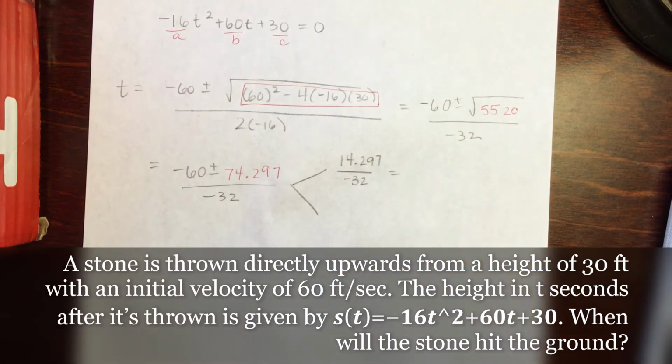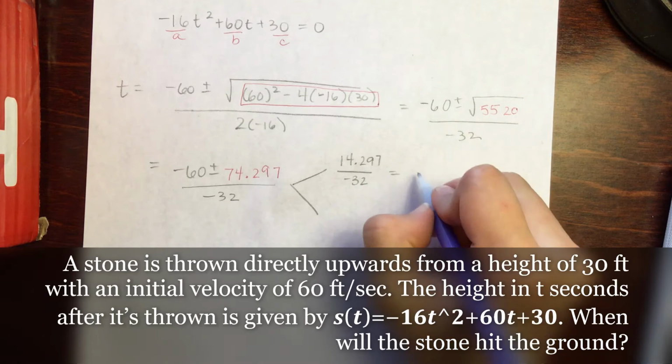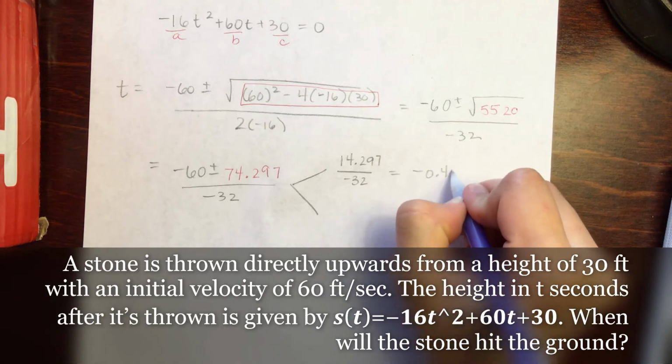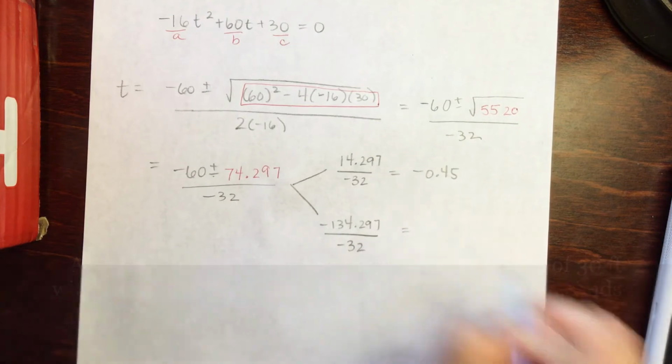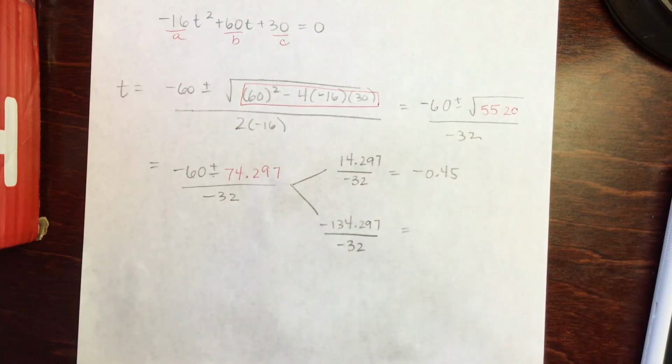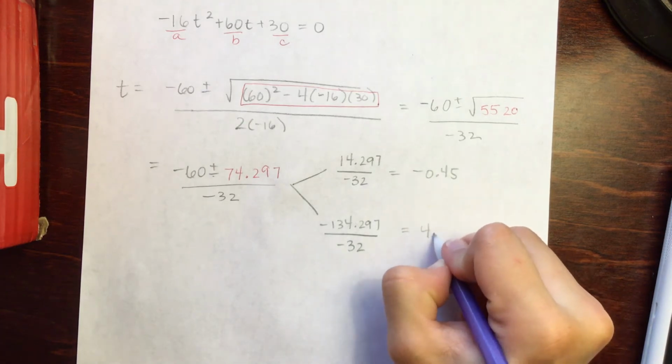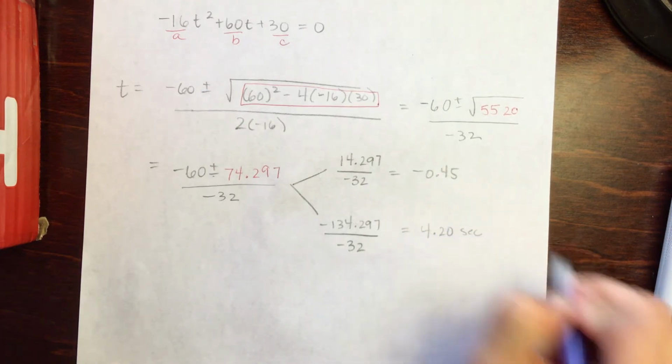And then if I divided by negative 32, I'd have negative 0.45. All right, now let's subtract. Negative 60 minus 74.297 gives me negative 134.297. And now if I divide by negative 32, I get 4.20.